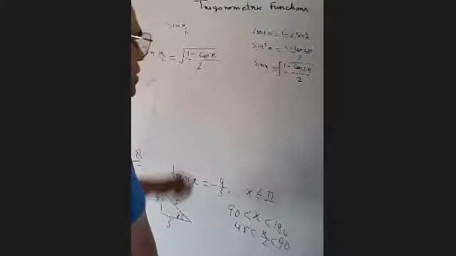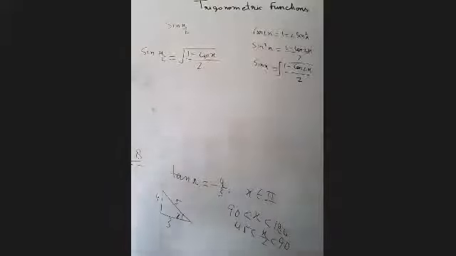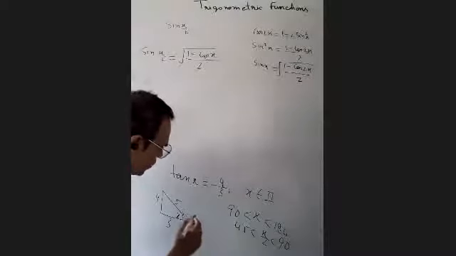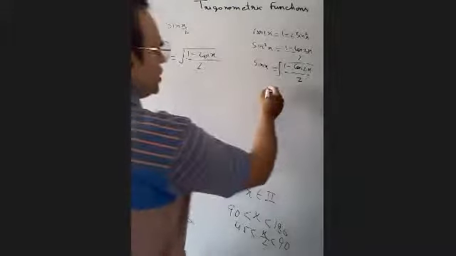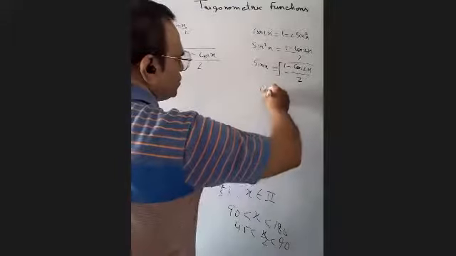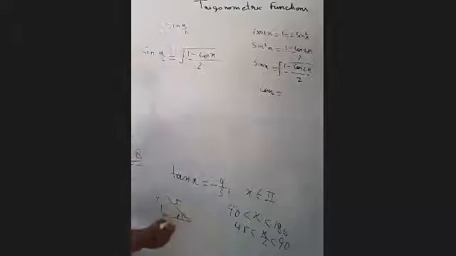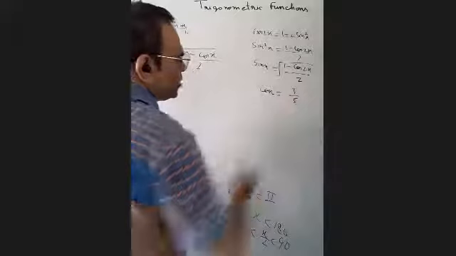But as you know, tan x is equal to minus 4 upon 3. So what will be the value of cos x? Value of cos x is equal to base upon hypotenuse, 3 upon 5.